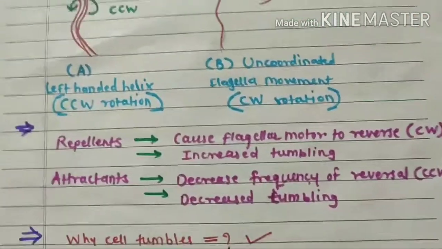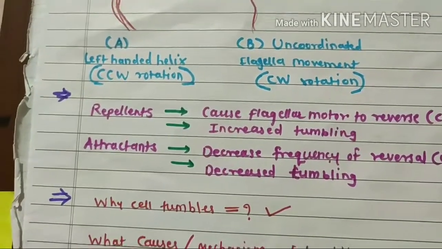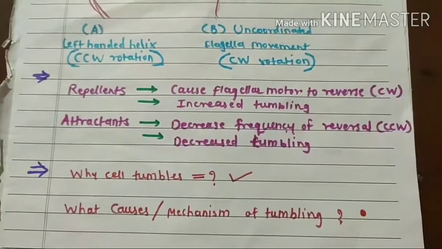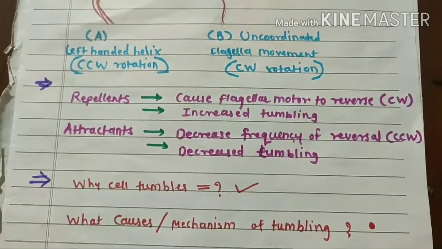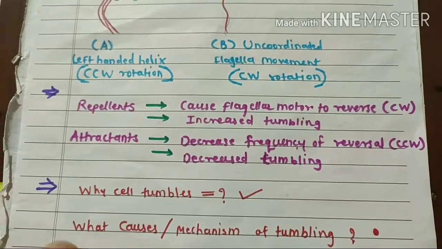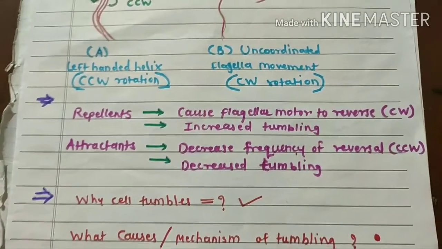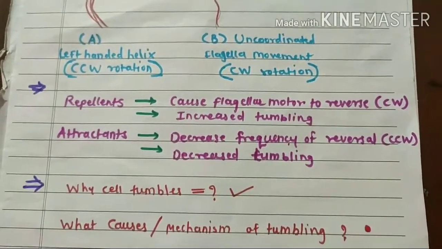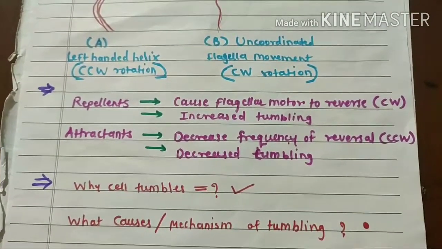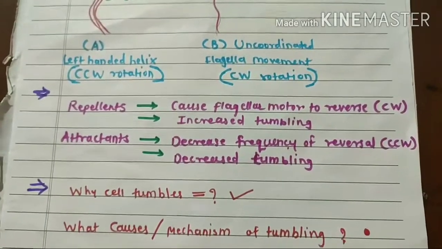Okay, so now we know why the cell tumbles and how it tumbles. But the important question is, what causes the flagella to rotate in a clockwise manner? Because the default rotation is counterclockwise rotation. So what changes the rotation of the flagellar motor so that it tumbles? So let's see.